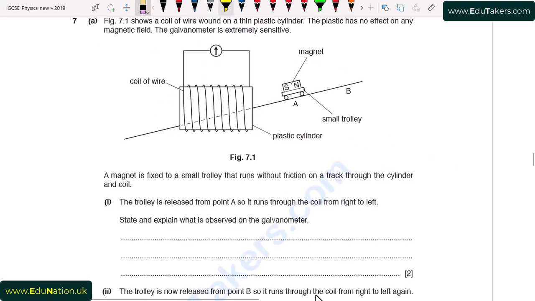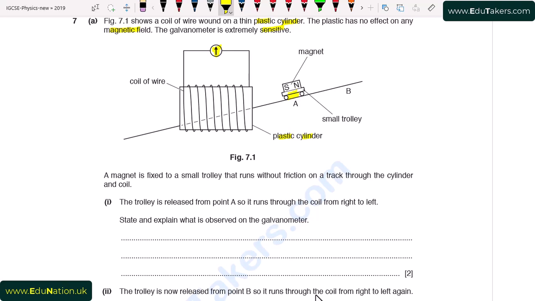Question number 7, part A. Figure 7.1 shows a coil of wire wound on a thin plastic cylinder. The plastic has no effect on any magnetic field. The galvanometer is extremely sensitive. Here is the galvanometer, and this is a coil which is wound on the plastic cylinder, and there is a small trolley over which there is also a magnet.